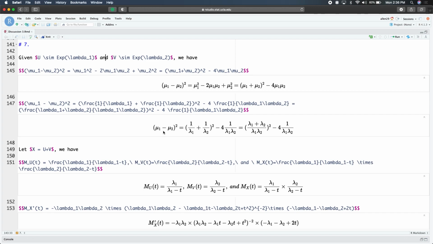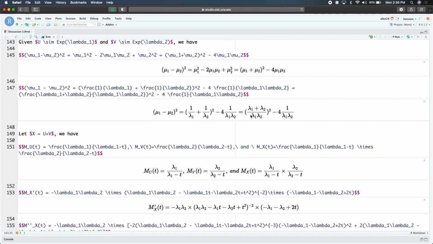That is the reason why I want to take the square here, to ease my computation, to solve for the components, or more explicitly, the numerator and denominator. So I can solve for the term without the individual components. I can just solve for lambda 1 plus lambda 2 and lambda 1 multiplied by lambda 2. I plug in this one, it will get me mu1 minus mu2, and taking the square root, that will be the quantity of interest.